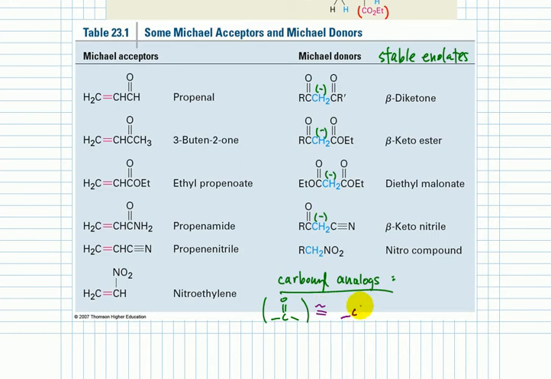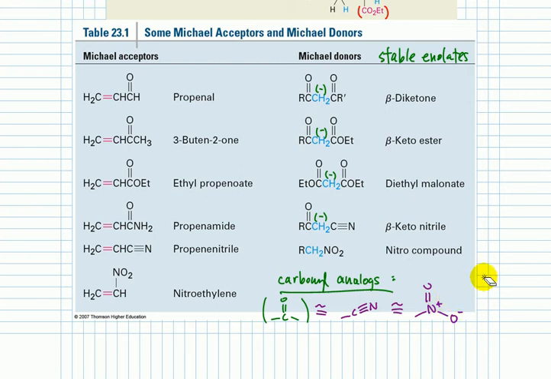That can behave similarly to a nitrile, C triple bond N, similar to a nitro compound, right? So that's N double bond O, then single bond O minus, and the N has a plus.